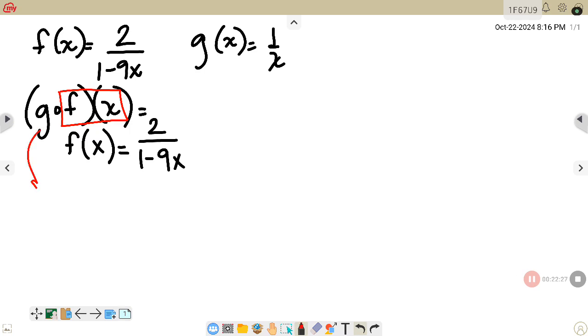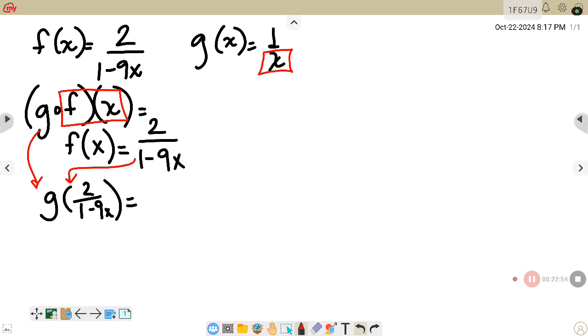So I'll go to the next step, which is to find g of your last answer. I'm just bringing down the 2 over 1 minus 9x. What this is telling me to do is to go to my g function, replace its x with what is in that parentheses.